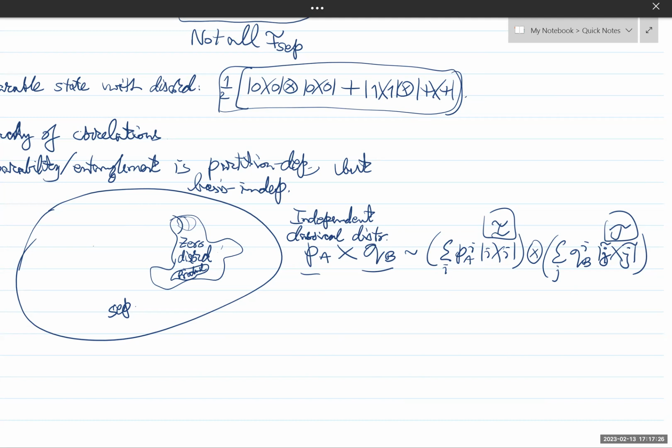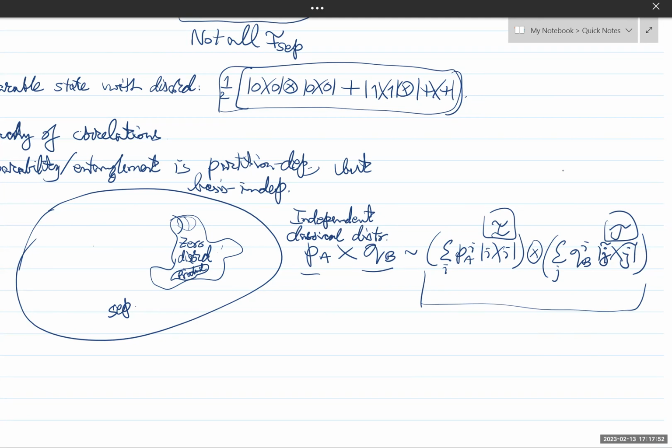Right. So if you take convex completions of these basis dependent sets, you get convex sets, and you take the union of those convex sets, you get all of the zero discord states.